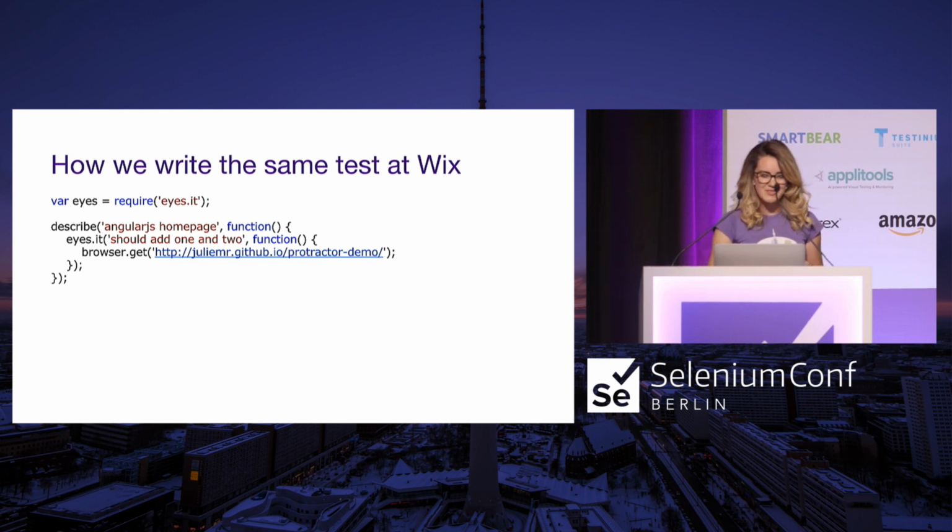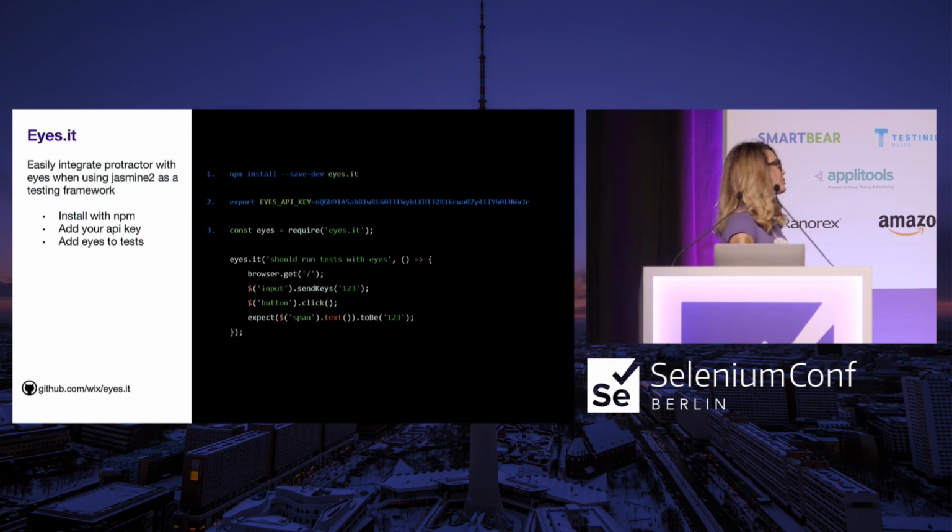Our main magic and the main idea is our open source library, which is called eyes-it. The main purpose of it is to be able to make any of your regular it tests visual tests.